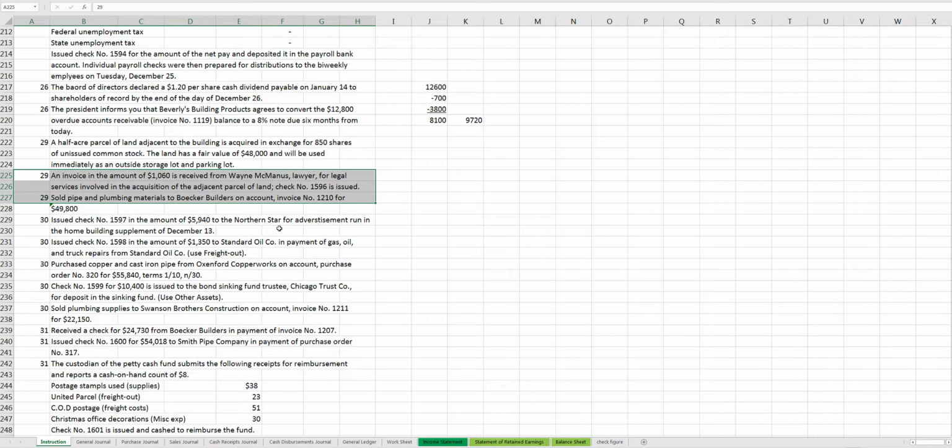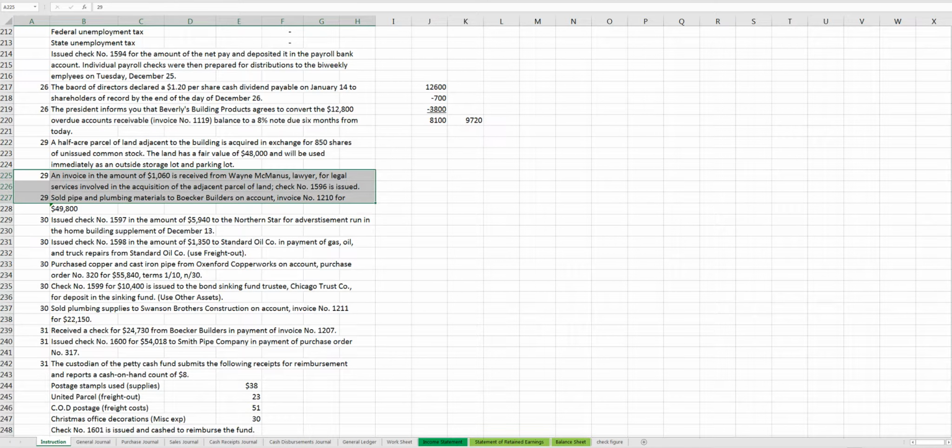An invoice in the amount of $1,060 is received from the lawyer for legal service involved in the acquisition of the land. Right, so we pay the lawyer because we want the land transaction.